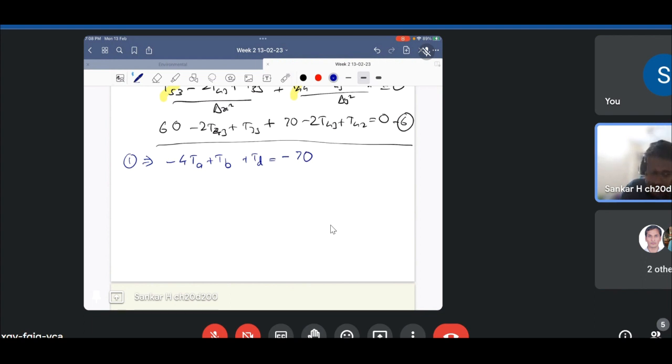Then the second equation would yield us TA minus 4TB plus TC plus TE should be equal to minus 40.